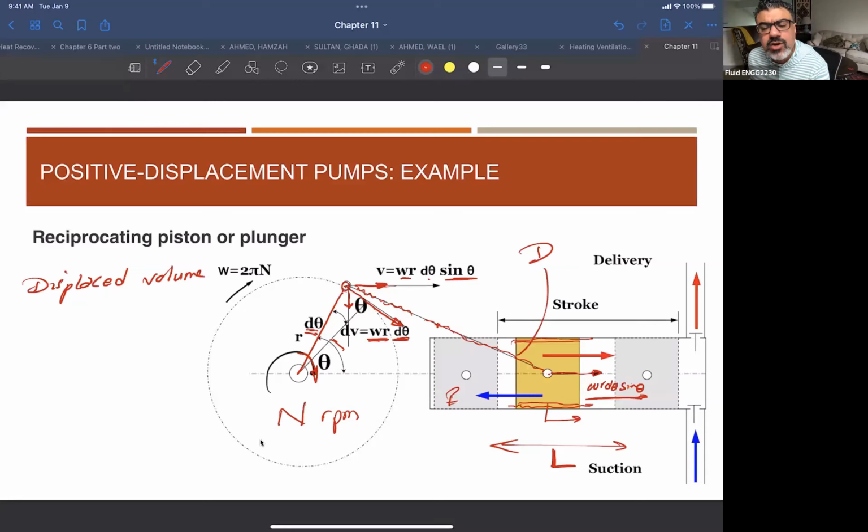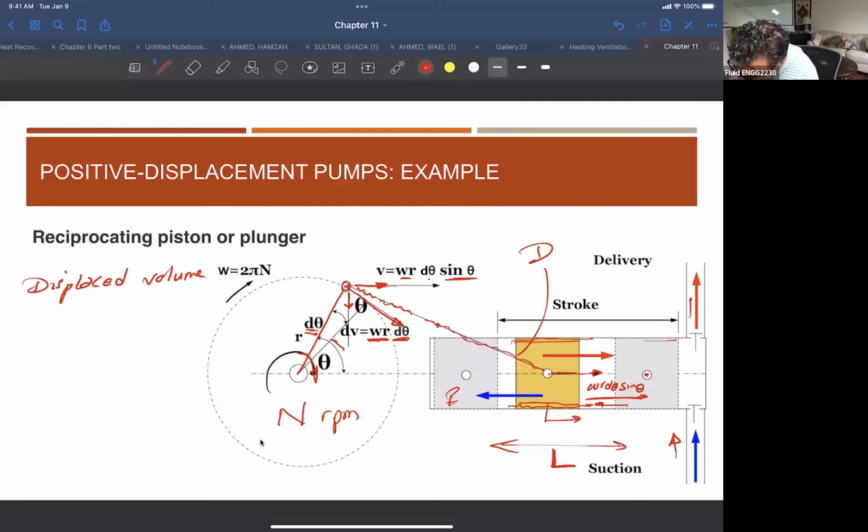For each single rotation, what is the volume displaced inside? I'm sorry, it's in this direction here. So this is a suction, and this is a delivery. So we're talking about this piston now going up and down.